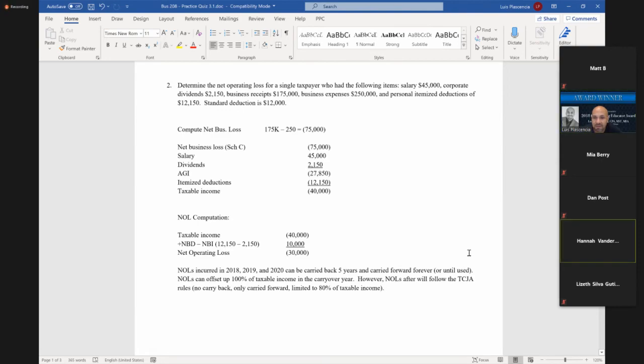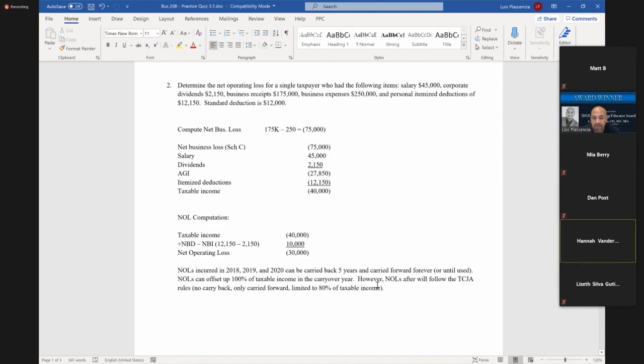Yeah, I have a question. So for the first sentence where you said it can be carried back 5 years and carried forward, is the first year still 80% and the second ones are 100, or is every year? It's any NOLs that happen in those years. So once you do this computation, and it still results in an NOL, if it's in 2018, 19, or 20, it's carried back 5 years and carry forward whenever you can use it, and it's 100% of taxable income.